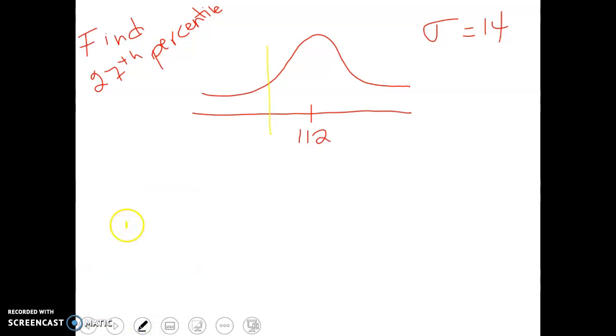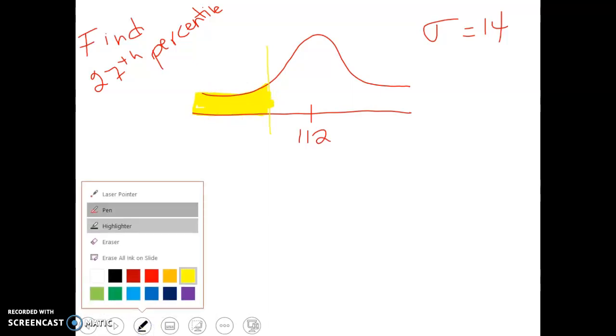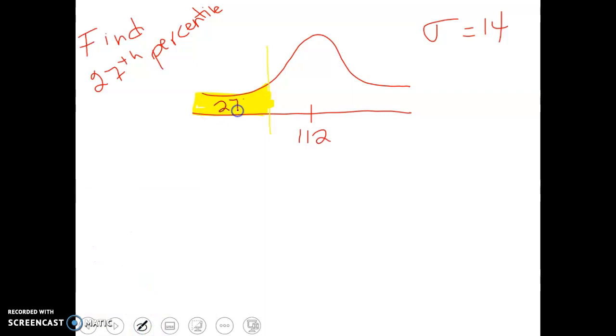This here is the bottom 27%, and it separates that from the upper, the complement. 1 minus 27 would be 73%. So we're looking for this boundary right here.